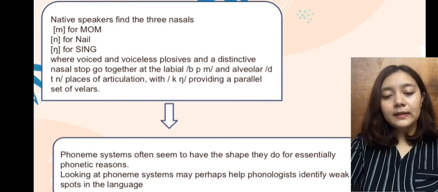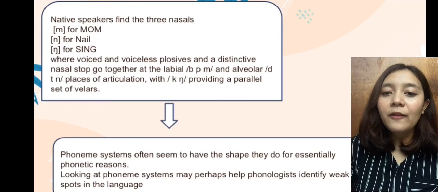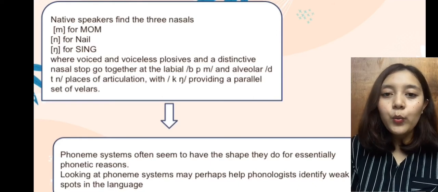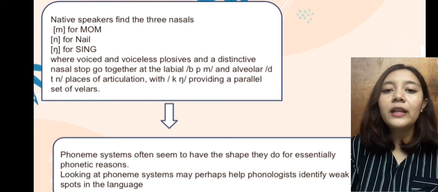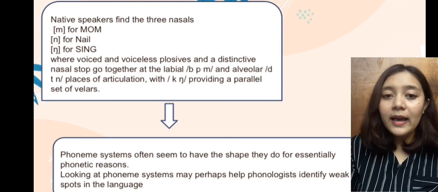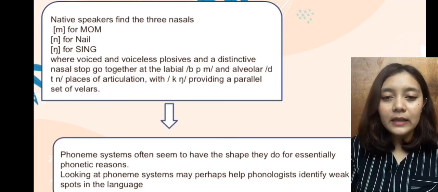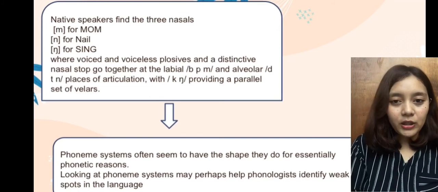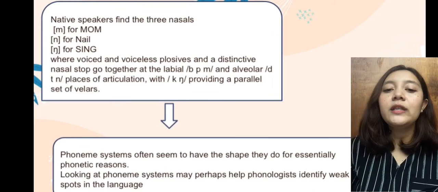Looking at the phoneme system may perhaps help phonologists identify weak spots in the language which are likely targets for later change, as well as exemplifying some of the general principles native speakers pay attention to when learning and using their language.